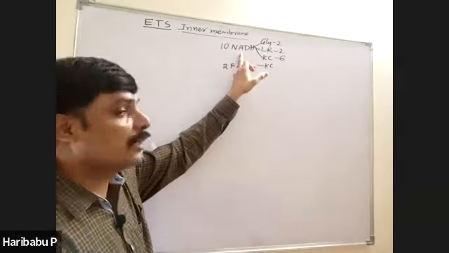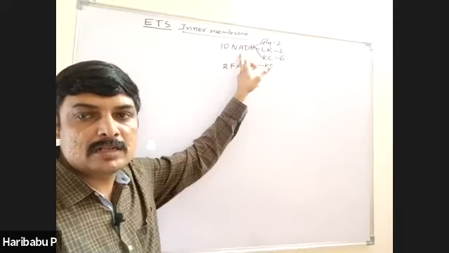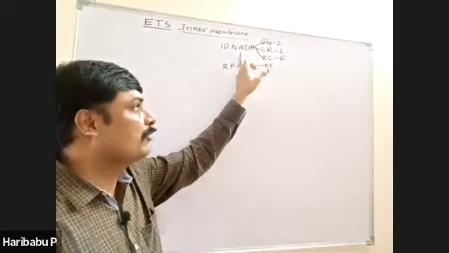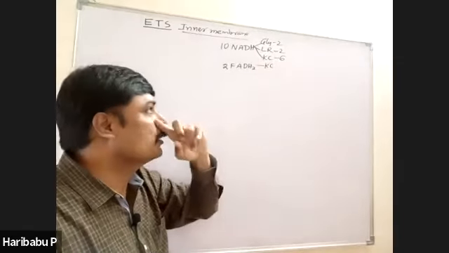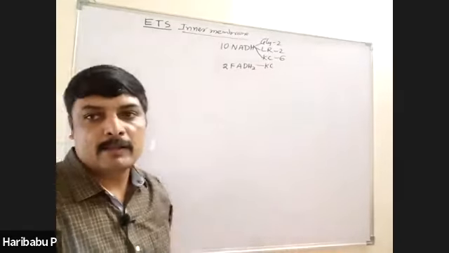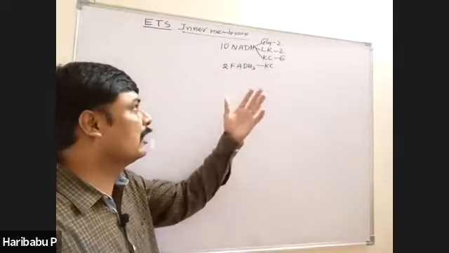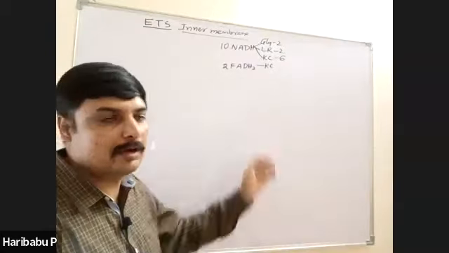Now, in the electron transport system, they donate electrons and become oxidized. After oxidation, they again enter these phases to become reduced ones. So oxidation and reduction go on repeatedly.